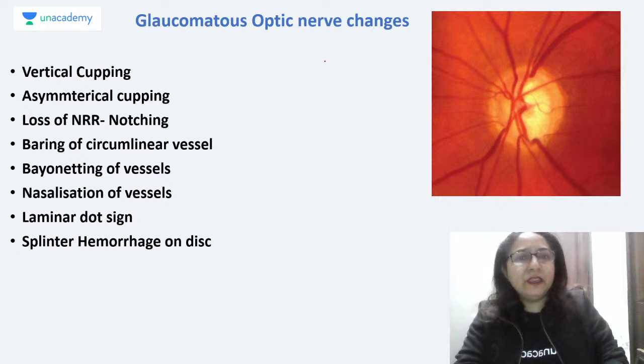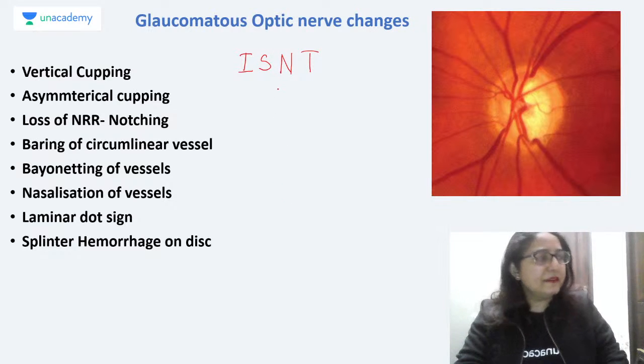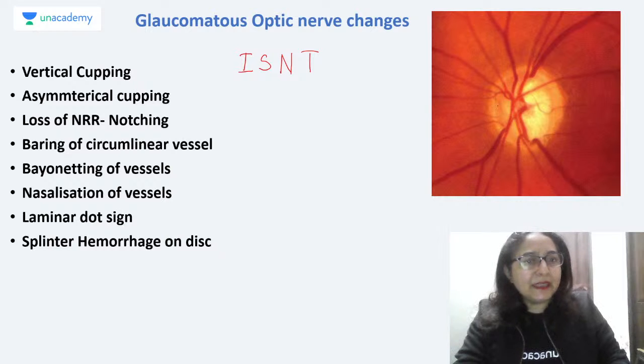We know this rim normally follows a pattern known as the ISNT pattern. What is this ISNT pattern? The inferior rim is normally the thickest rim of the optic disc, followed by the superior rim, then the nasal rim, and then the temporal rim.